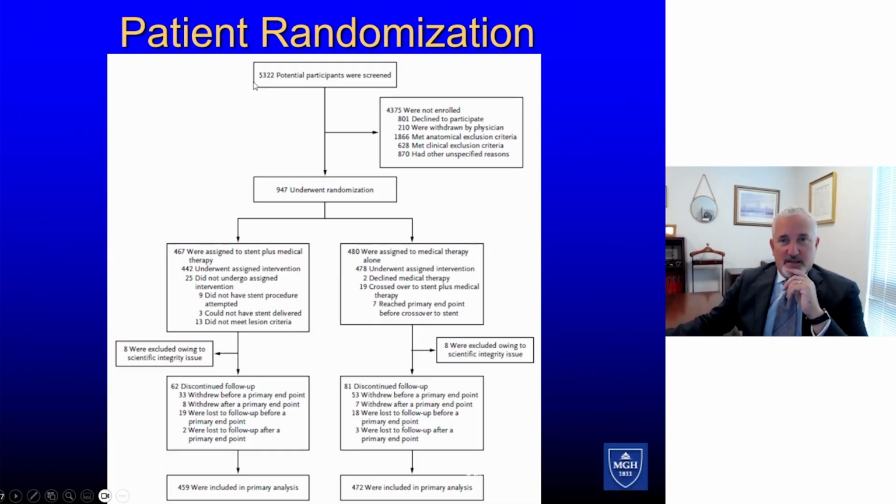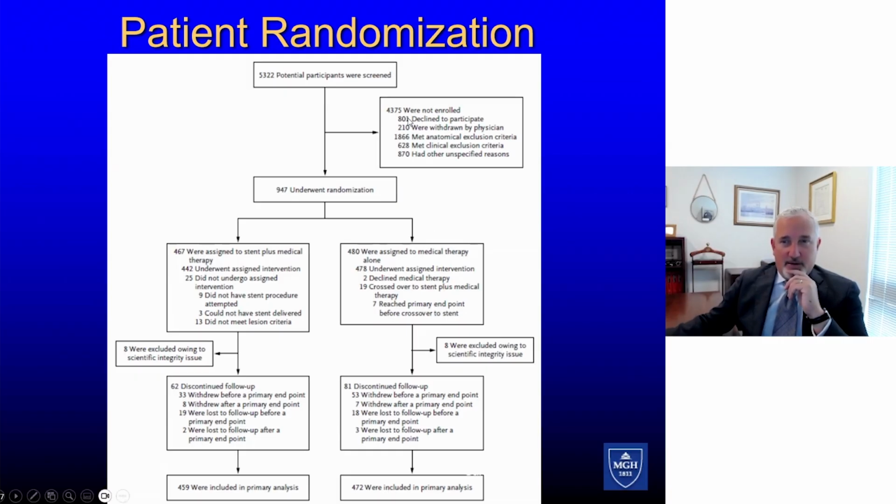So you can see here out of 5,322 people who were actually screened, only 947 ultimately were randomized, and there were about 450, 470 in each group, medical therapy versus stenting. So this was a very small percentage of all the people that were found to have renovascular disease, some dropping out because they didn't have significant renovascular disease.